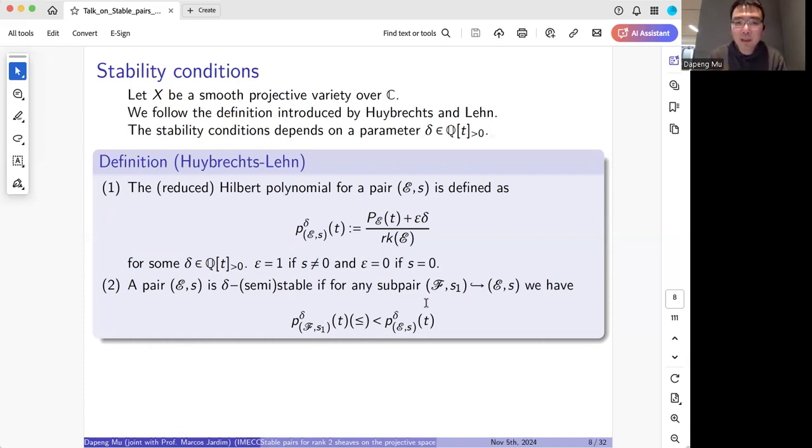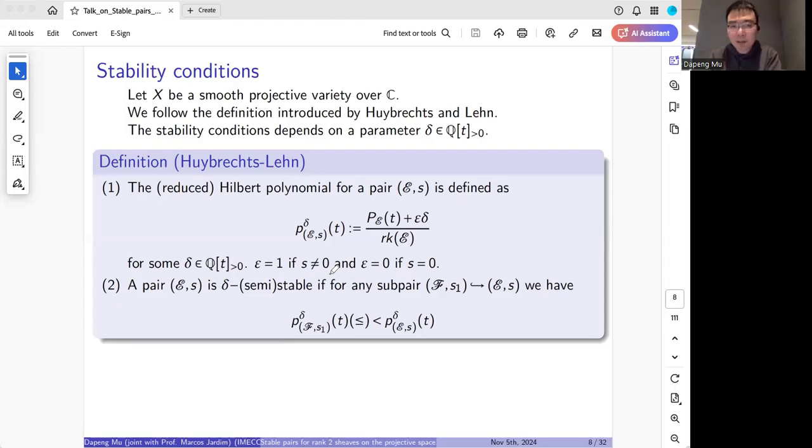So here we have a section. In the special case that this section is 0, then we don't put a delta there, so the pair is reduced to a usual sheaf. But if this section is not 0, then we need to put this extra delta in the numerator. So we say this epsilon is equal to 1 if S is not 0, otherwise it's 0, and then the pair is reduced to a sheaf.